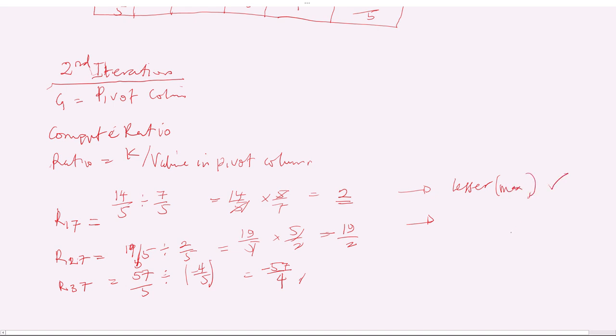We don't consider the z part, but we have to consider between the rows of x and y, which is row 1 and row 2, the ones that have x1 and x2. So we now know that our pivot row is row 1 and our pivot column is column 1. So that's sorted.